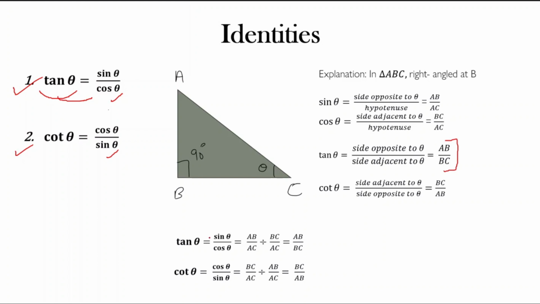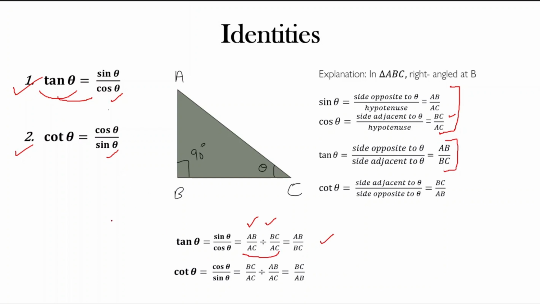Using the formula tan theta equals sin theta over cos theta, substitute the values of sin theta and cos theta from your direct solutions. Sin theta is AB over AC, cos theta is BC over AC. AB over AC divided by BC over AC: AC and AC get cancelled, so you are left with AB over BC, correct?